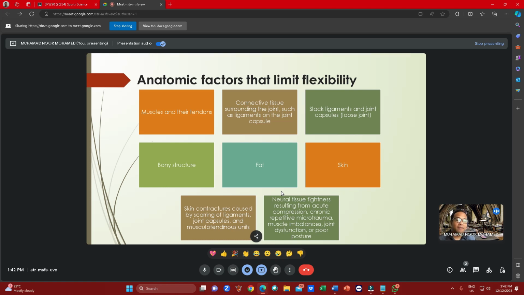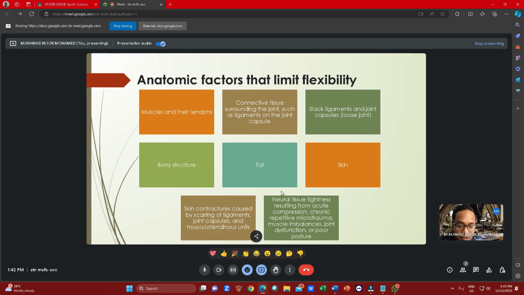Then we have skin flexibility, because when we talk about flexibility of a muscle, the skin itself plays a major role as a secondary part of flexibility.